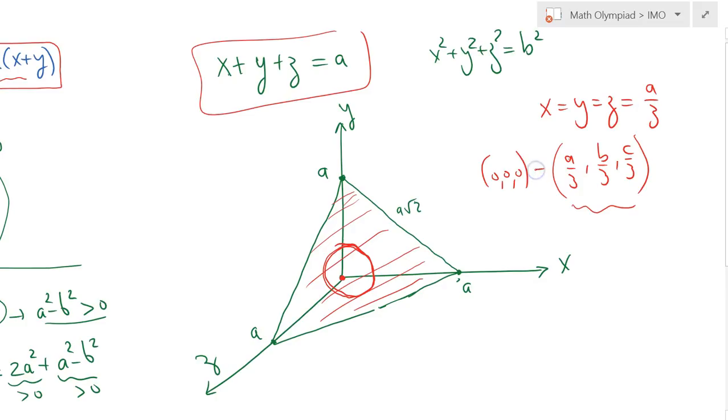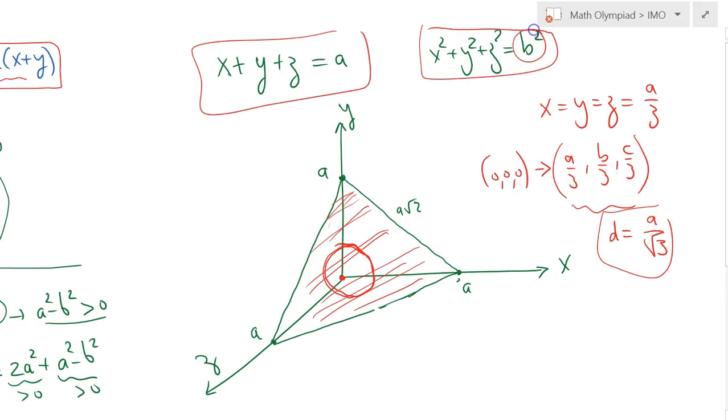The distance turns out to be what? a over root 3, I guess, right? You can easily use the distance formula in 3D, so you would get a distance like this, and it explains it, right?